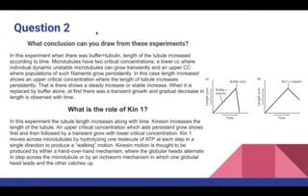Okay. On question 2, what conclusions can you draw from these experiments? The conclusions based on the experiments are that with buffer and tubulin, the length of the tubule increases according to time. Microtubules have two critical concentrations: a lower critical concentration where individual dynamic, unstable microtubules can grow transiently, and an upper critical concentration where populations of such filaments grow persistently.